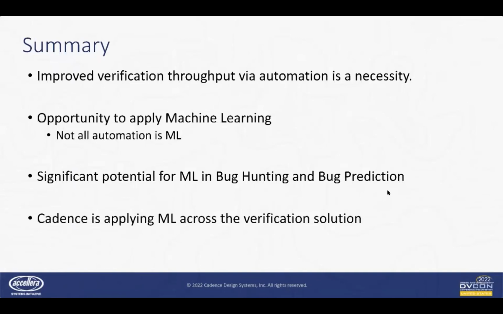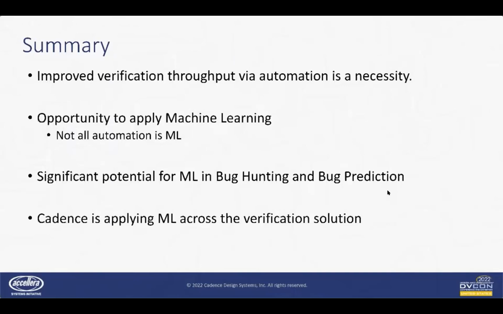is necessarily machine learning. There is, as both John and Daniel described, a significant potential for machine learning in bug hunting and bug prediction, and these are areas where we think we can have not just the 5 or 10% improvement that we might have in, for example, simulator performance, but where we could end up with a true step function in terms of efficiency and throughput, getting an order of magnitude potentially better in terms of efficiency of finding bugs and identifying bugs and fixing bugs.